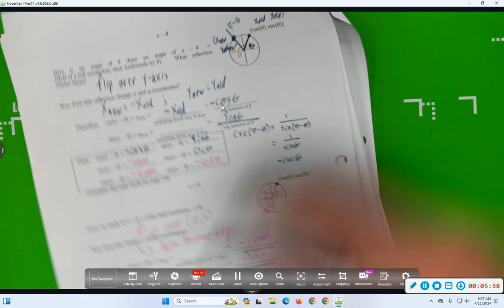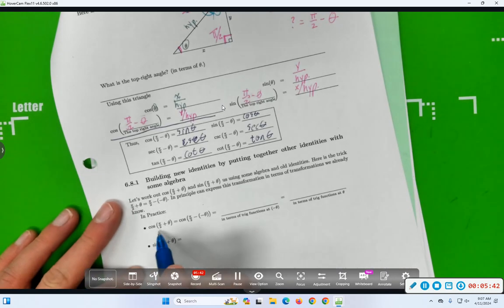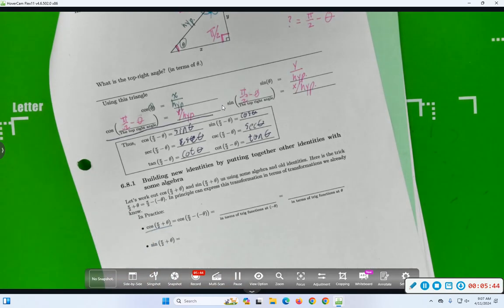Let's try to compute a trig function at pi over 2 plus theta. And here's the logic I'll use. I know what pi over 2 minus would do. And addition is subtraction, right? Adding theta is the same as subtracting minus theta.